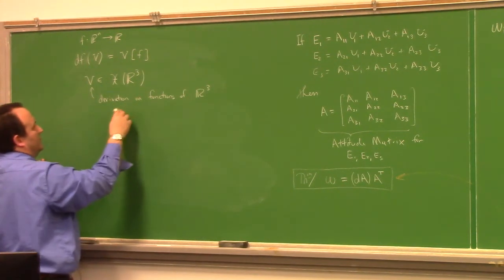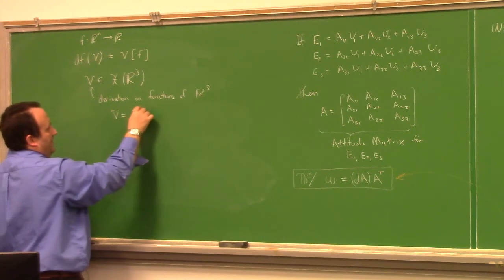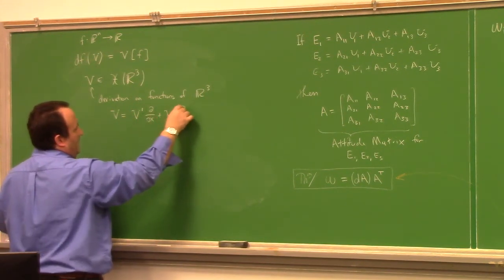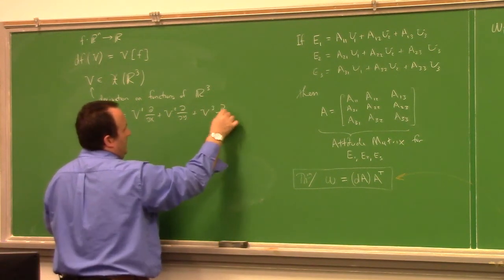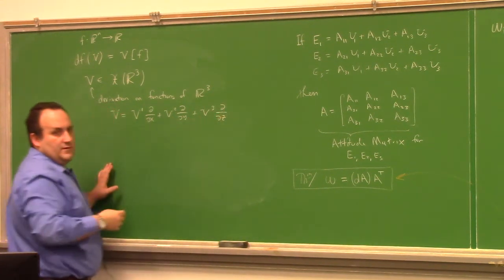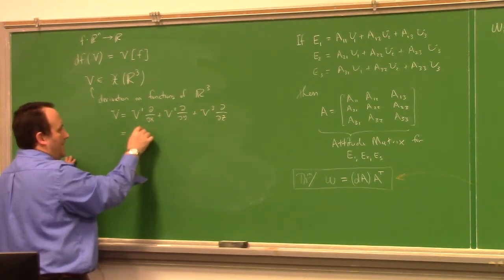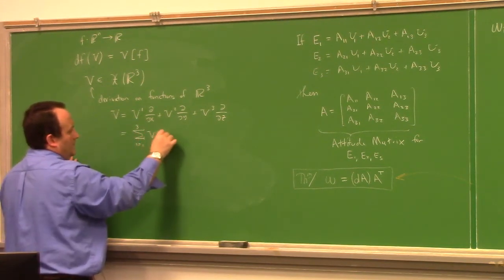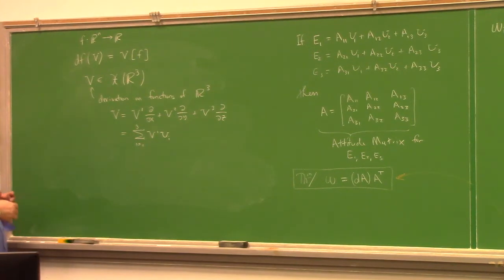But what that more specifically means is you could expand V as V1 partial x, plus V2 partial y, plus V3 partial z, right? Or the O'Neill notation. This is a vector, right?